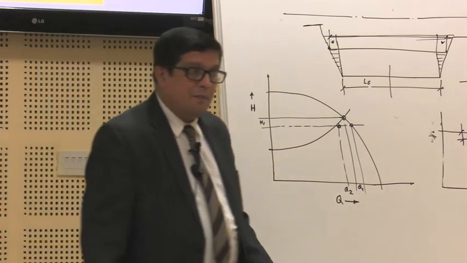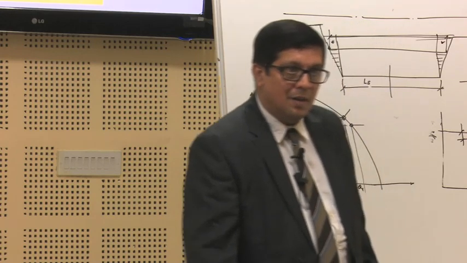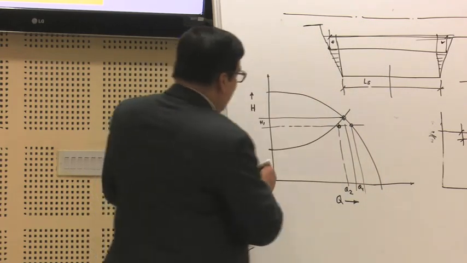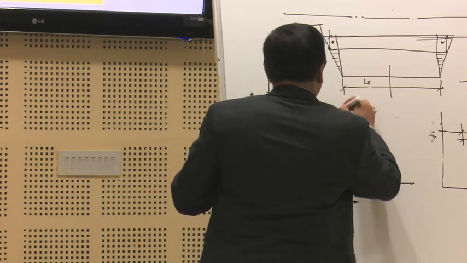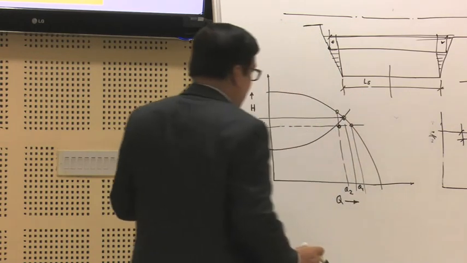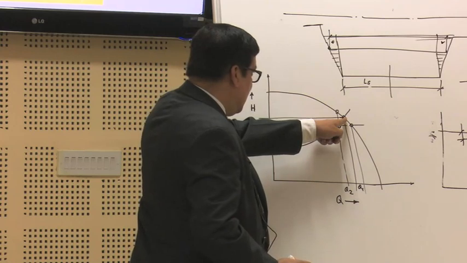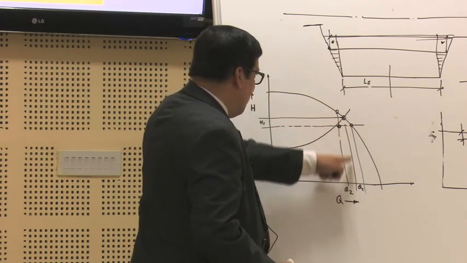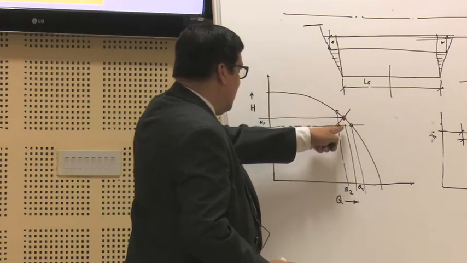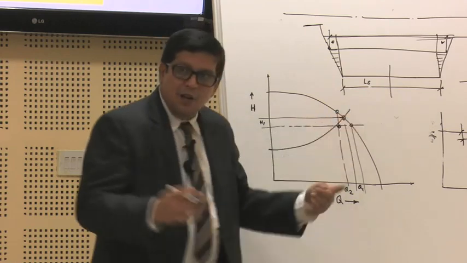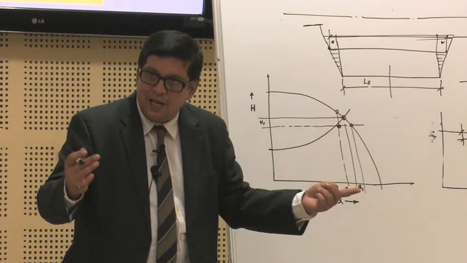Suppose your pump does not have any speed variation, then what will happen? So, the pump first, what will it do? It is here. So, when it will be pumping this much, it will not face that much resistance in terms of head.